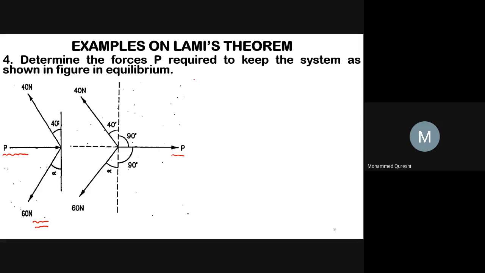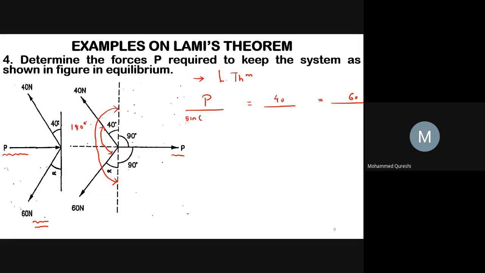Now applying Lami's theorem, so the forces are P upon sine of angle between the other two equals to 40 upon sine of angle between the other two equals to 60 upon sine of angle between the other two. So here your total angle is 180 degrees.